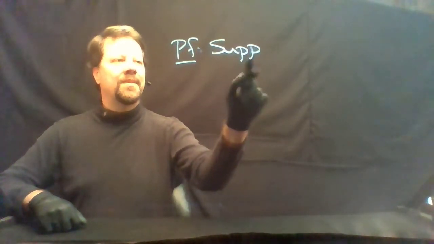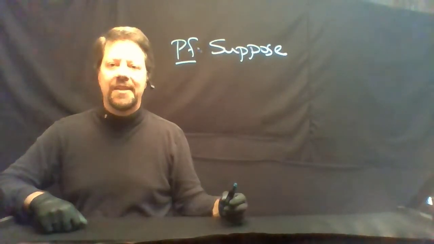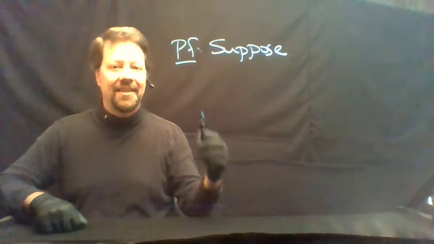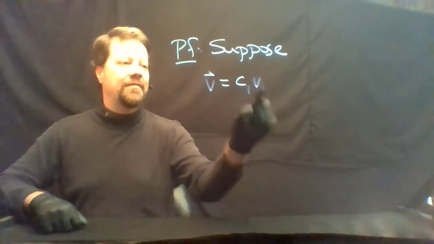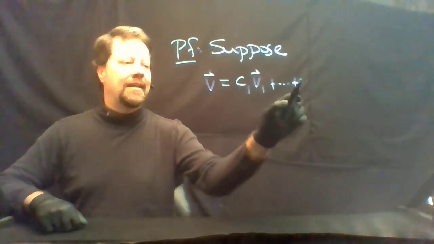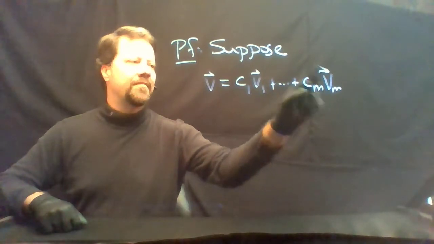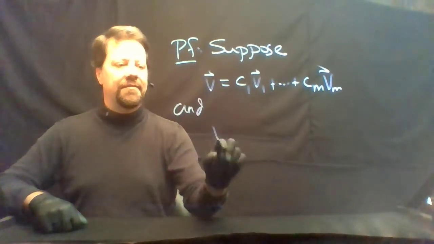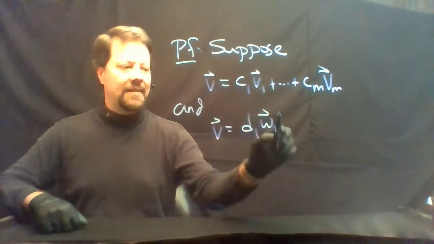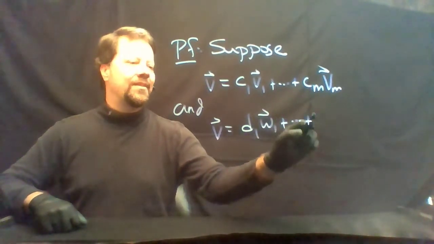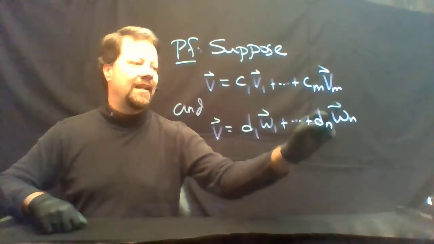We're going to suppose that the vector v can be expressed as a linear combination of vectors in S in two different ways. Suppose v looks like c1 v1 out to cm vm, and v can also be expressed as d1 w1 to dn wn.